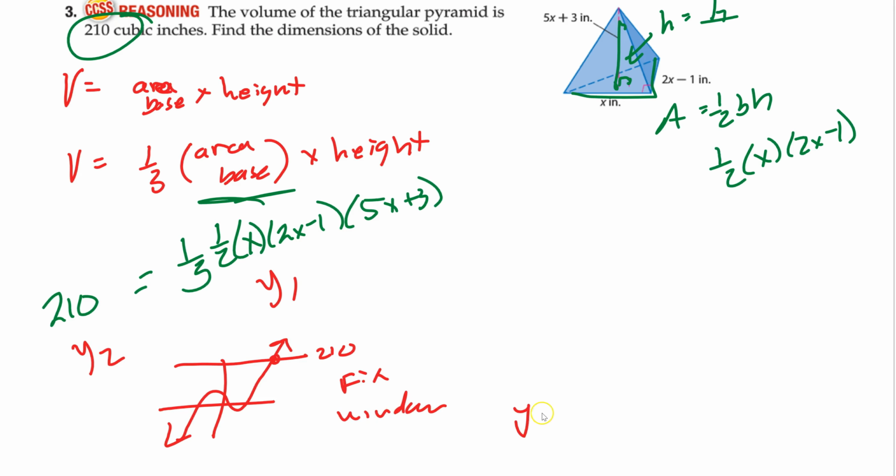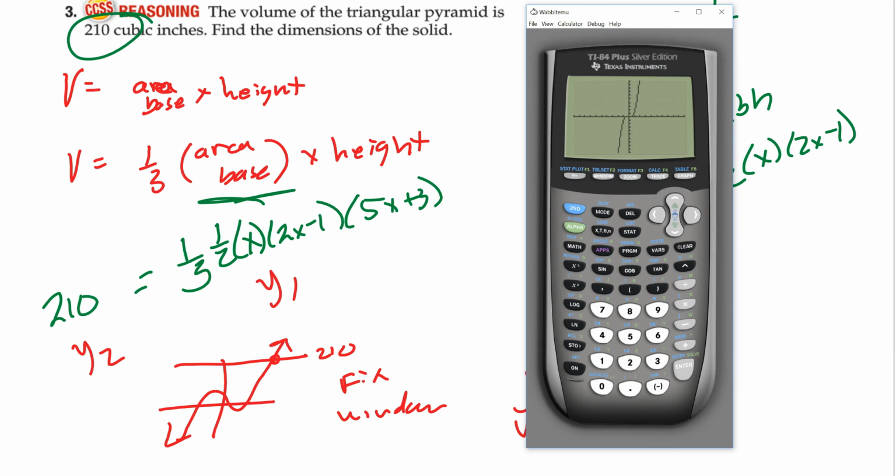Make sure the y max is maybe 250 or 300, and the y min could be anything, I'll make it 0, but make sure your y goes all the way up to 210. My y max only goes to 10 right now, so I'll make it 250 so you can see it better. You see how it's way up there now, and there's my graph, and there's 210.